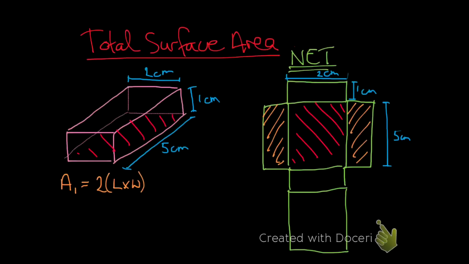So I'm going to then do the bottom and the top. I've already shaded the bottom in red, and I'm going to shade the top in red. This will have an identical area to the bottom, and that's going to have an identical formula, because the formula for a rectangle is length times width.